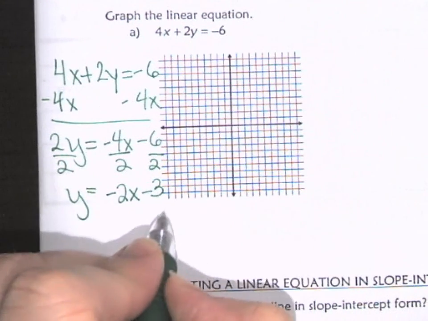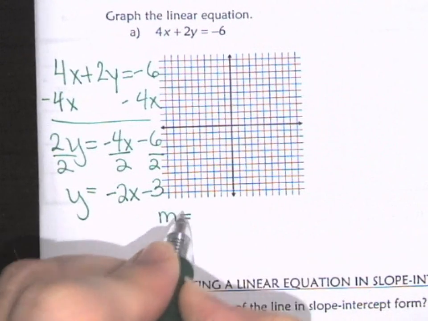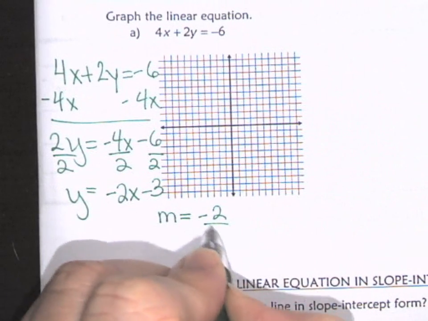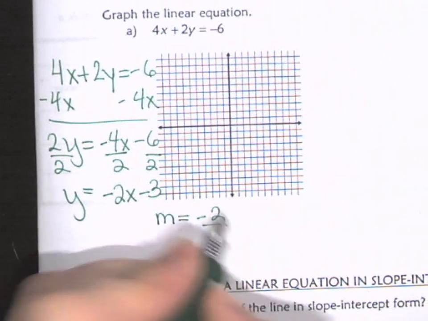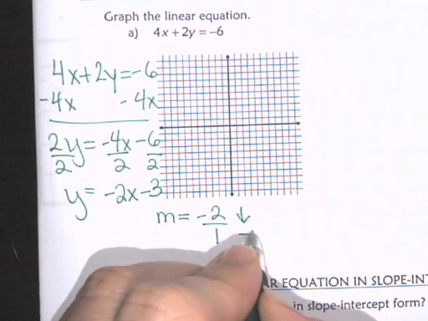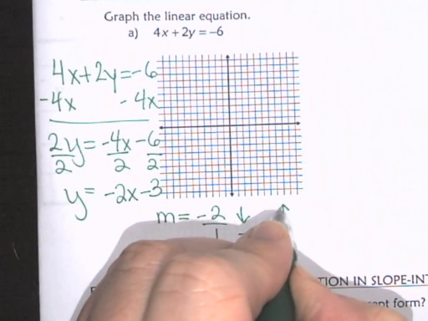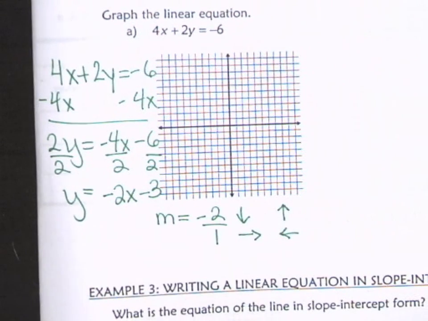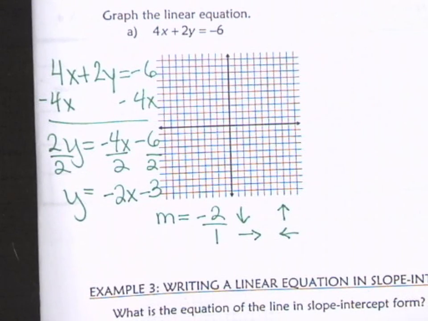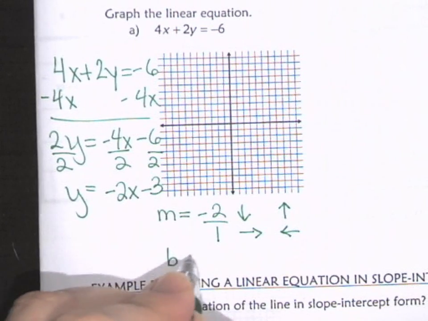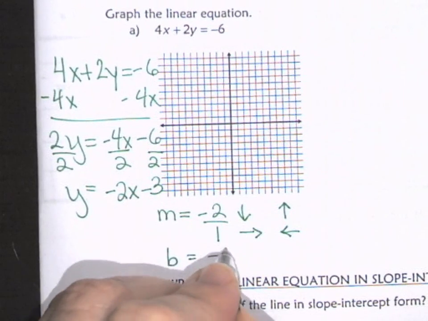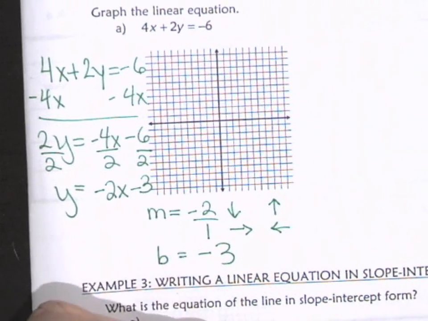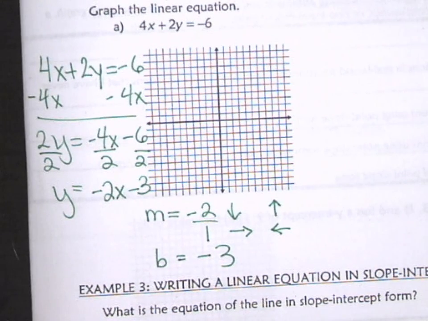So I'm going to identify my slope is -2 over 1. So I'm going to go down and to the right. I'm going to go up and to the left. And my intercept is at -3.